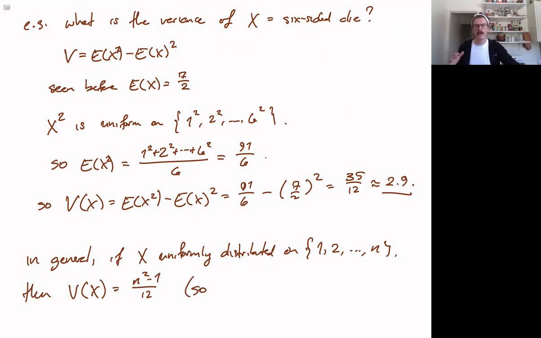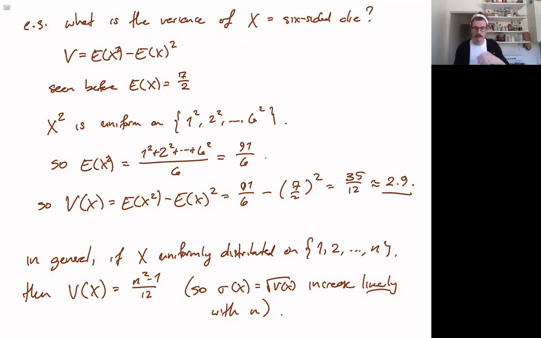The standard deviation maybe gives a more reasonable measurement of how wide this distribution is, because since it's the square root, this is going to increase linearly with n. So the standard deviation is going to track more closely the width of this distribution in a linear way.